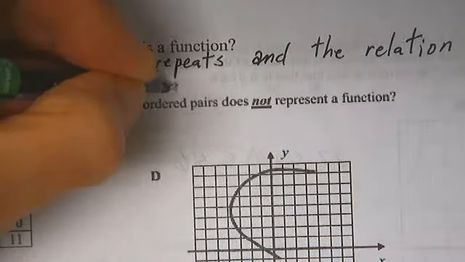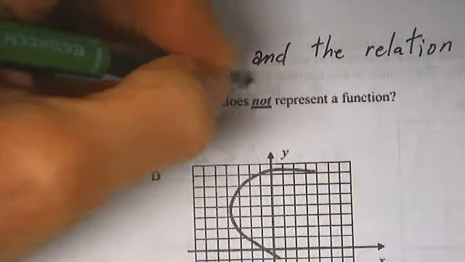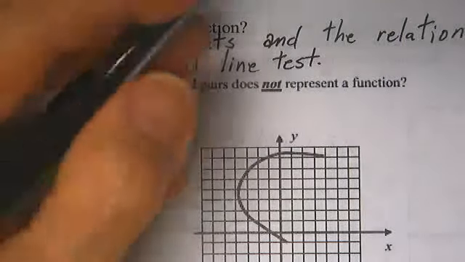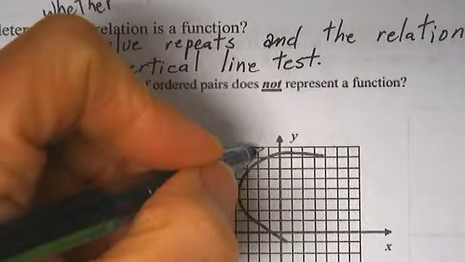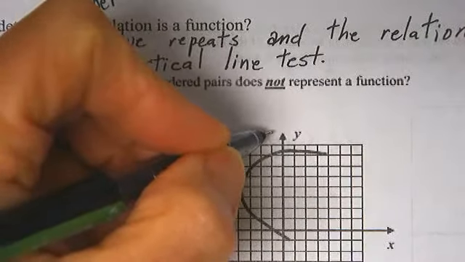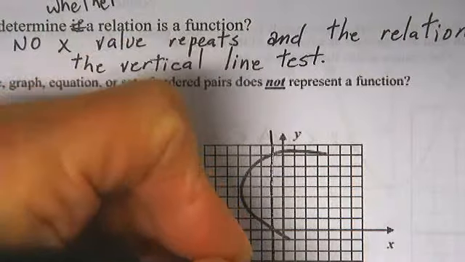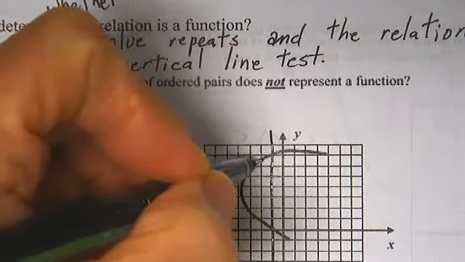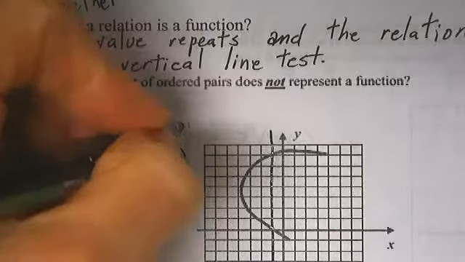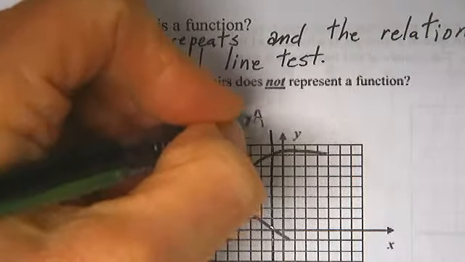The vertical line test says that if you draw a vertical line through the graph of a function and you cross the graph twice, like here and here, or here and here, then that relation is not a function.